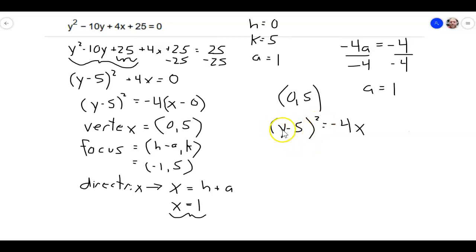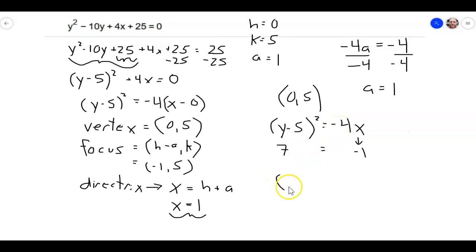And in order to make that a 2, I need y equals 7. So if I put a 7 in here for y, then 7 minus 5 is 2, and 2 squared is 4. And in order to get a 4 on the other side, I have to place a -1 in there for x, right? Because -1 times -4 is 4.